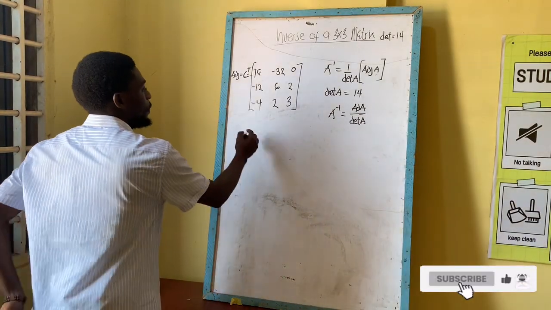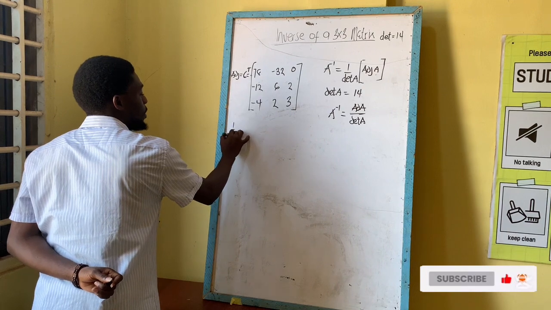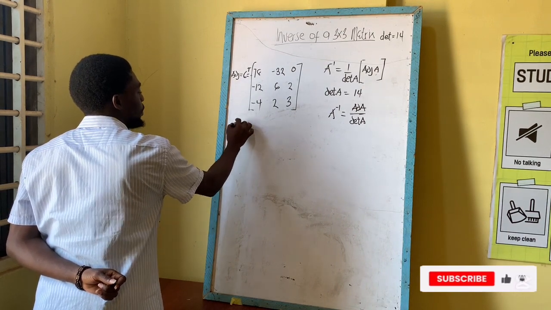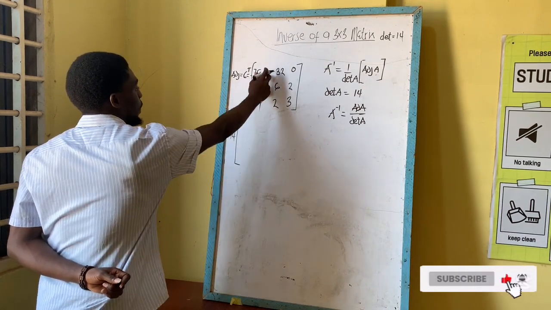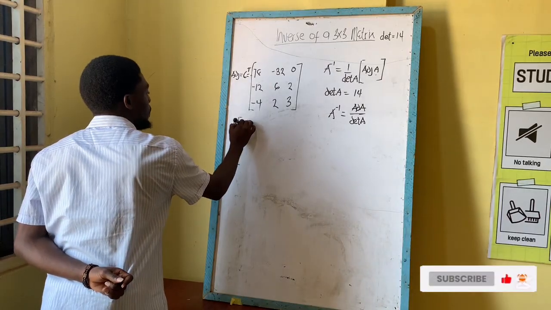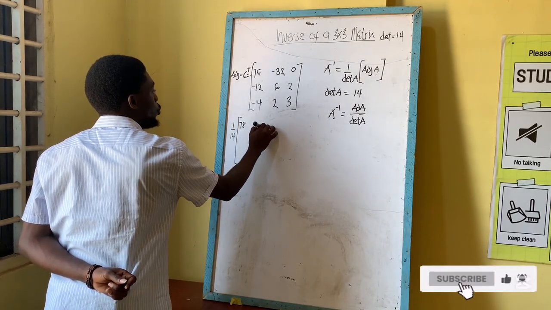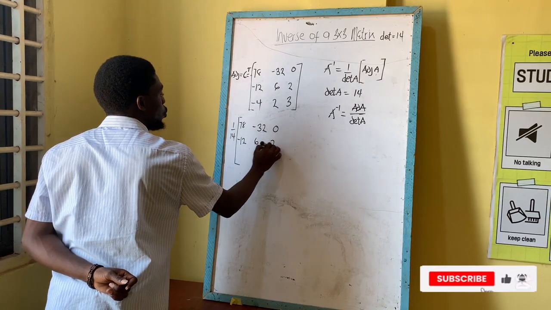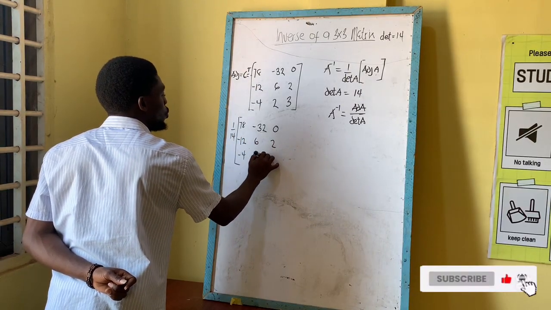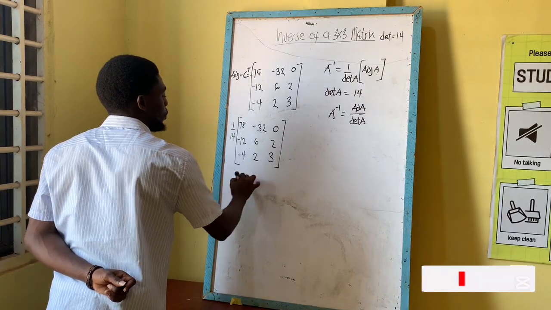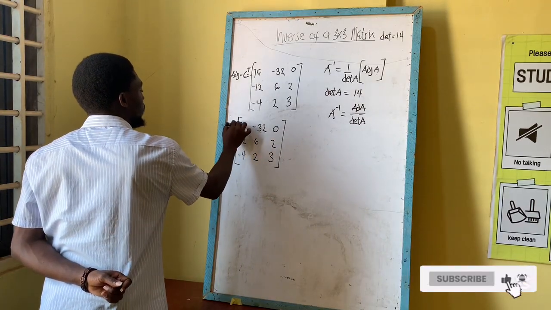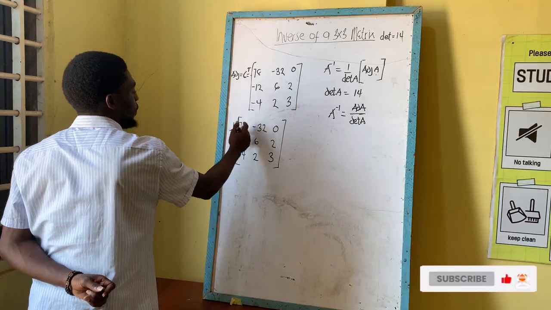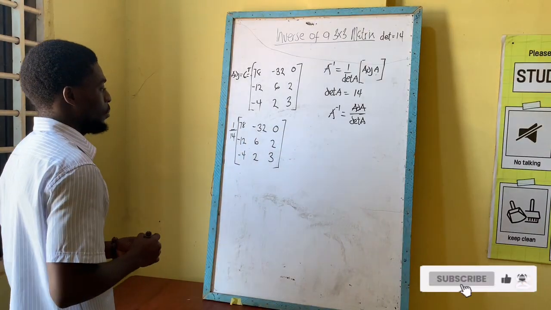So we have our 1 over 14, which is 1 over the determinant, multiplied by the adjoint, which is 78, minus 32, 0, minus 12, 6, 2, minus 4, 2, and 3. Now you multiply 1 over 14 by each element in the matrix.